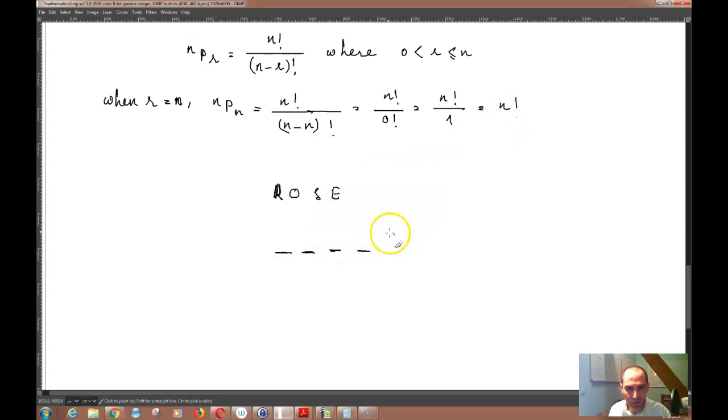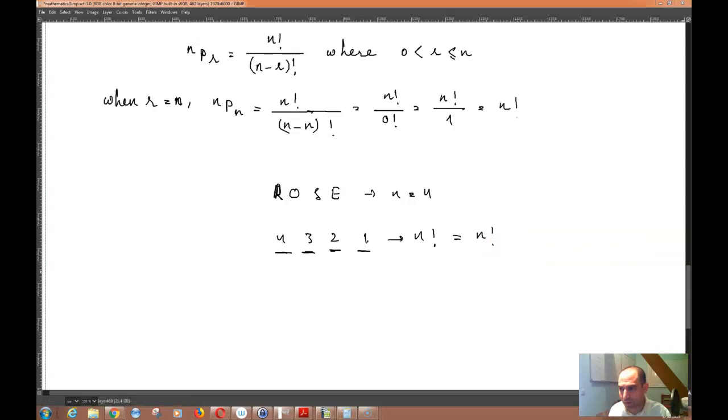Of course it would be equal to 4 times 3 times 2 times 1. So over here your n is equal to 4, and this is 4 times 3 times 2 times 1, which is equal to 4 factorial, which is of course equal to n factorial, as you can see here.